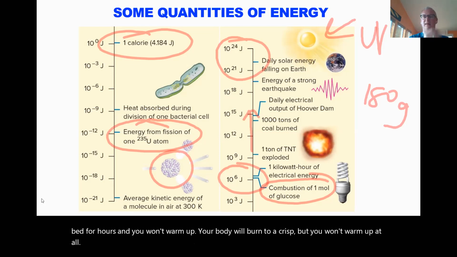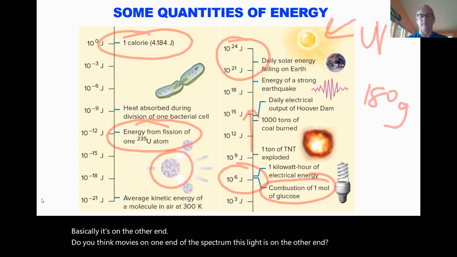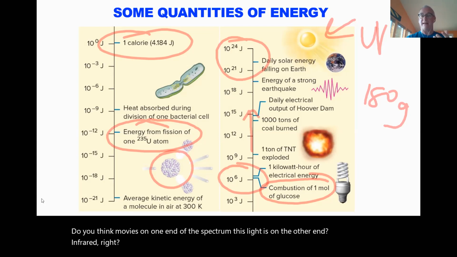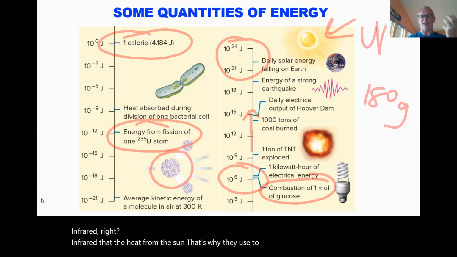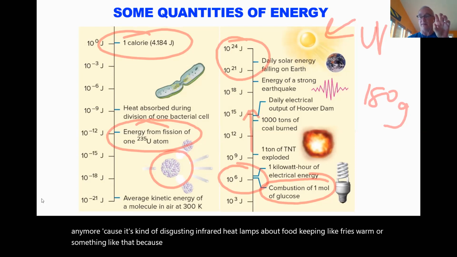It's on the other end. UV's on one end of the spectrum and this light is on the other end. Infrared. Infrared, right, that actually transfers the heat from the sun. That's why you used to see infrared heat lamps above food in restaurants, keeping fries warm. You don't see it anymore because it's kind of disgusting. It generates a lot of heat and transmits it.